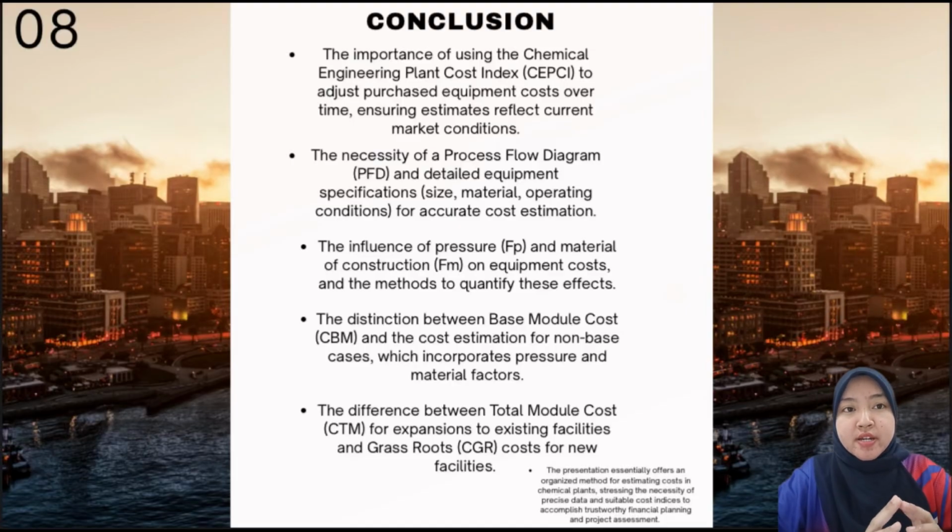They summarize the influence of pressure, FP, and method of construction, FM, on equipment cost, and the methods to quantify these effects. And then the difference between the total module cost CTM for expansion of existing facilities and grassroots CGR cost for new facilities.